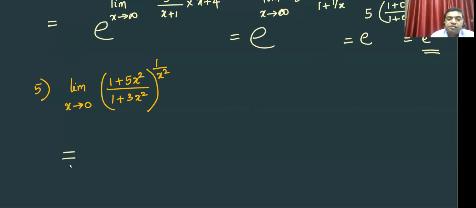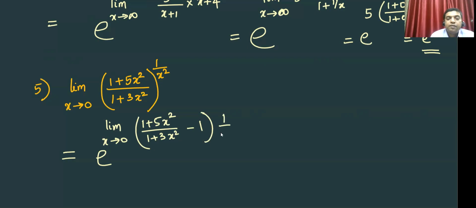By formula, that is e power limit x tends to 0, f of x minus 1 times 1 upon x square.